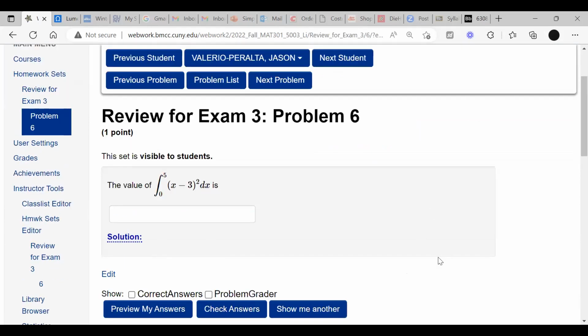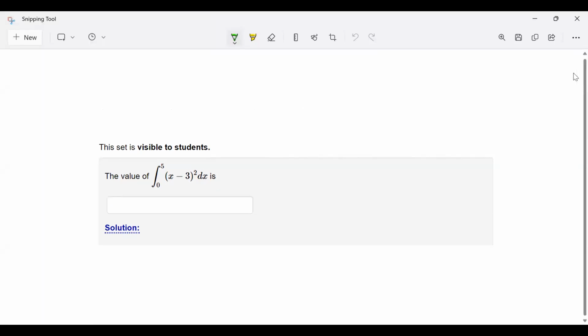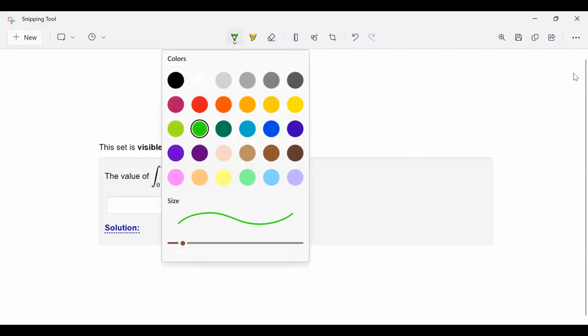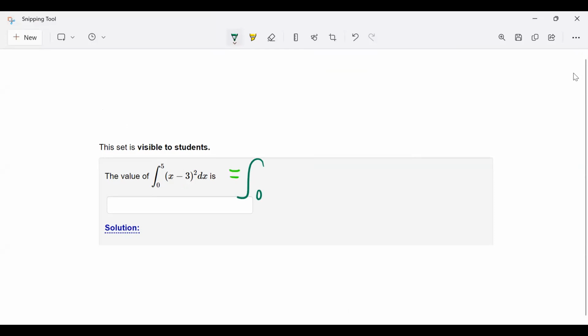Yeah, so indefinite integral. Okay, so first of all, let me share the screen. First of all, we're going to expand this perfect square, right? That's what we're going to do first. So expand that perfect square, and we'll go from there. So the integration of, so this is definitely integral 0 to 5.